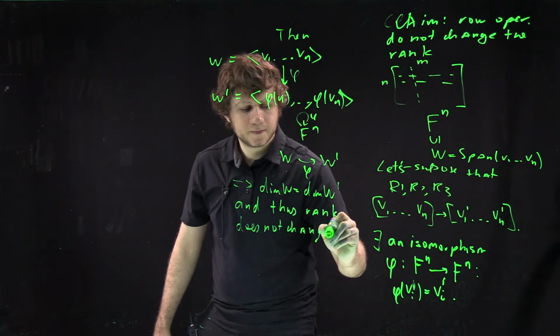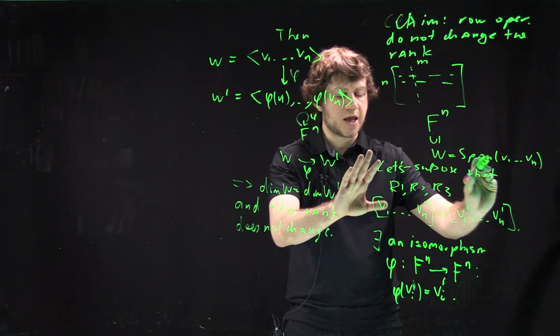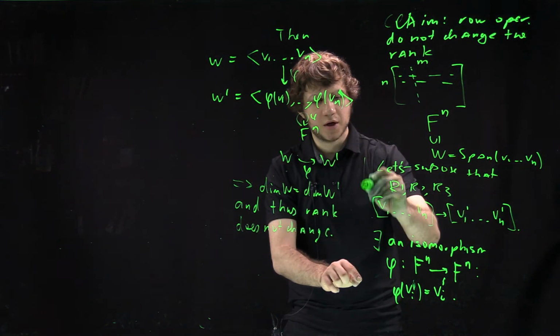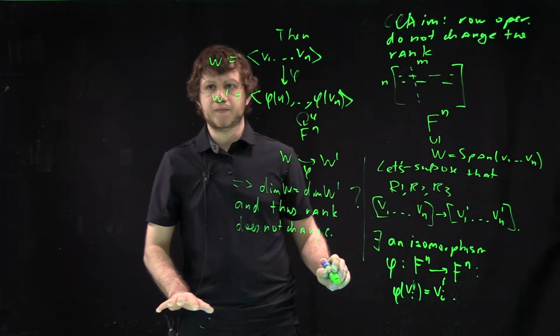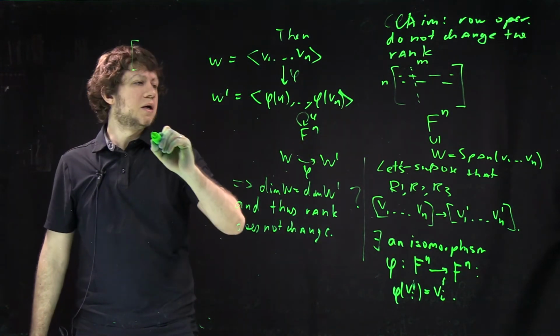So this is not a proof yet, because what I said is a claim that if we do one of the operations, there exists such an isomorphism. So the question is why this is the case. If we show it, we are done. So let's consider a simple example before I write down general statements.